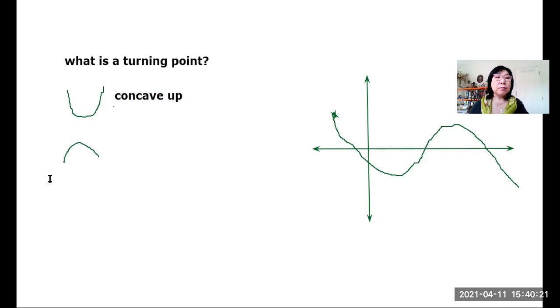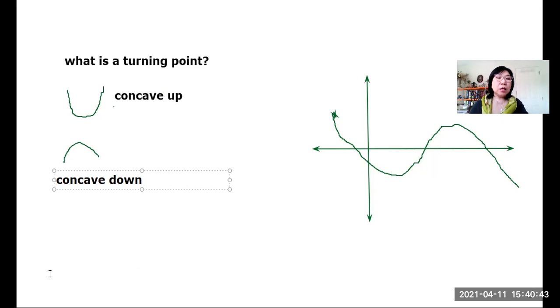Maybe I should stand at the board and demonstrate it better. So you see, concave down. Okay. Now, if you have something like this, let me demonstrate it here.